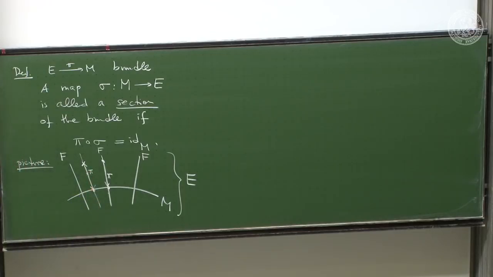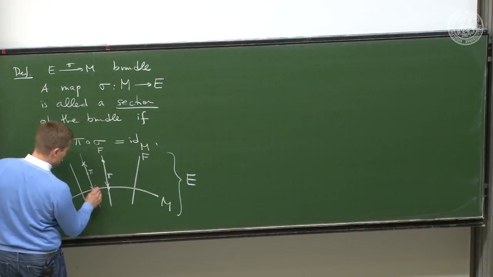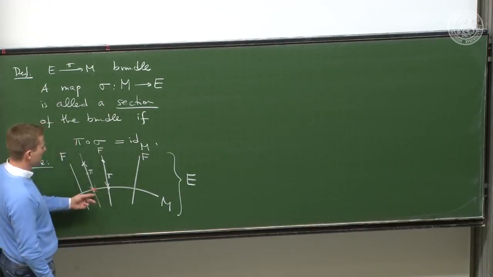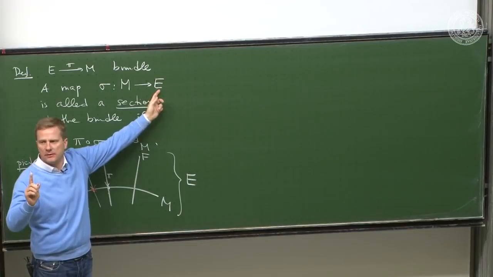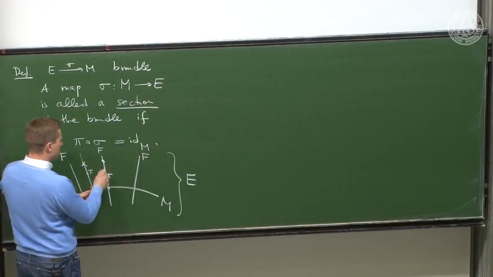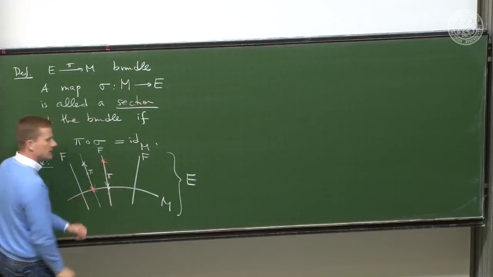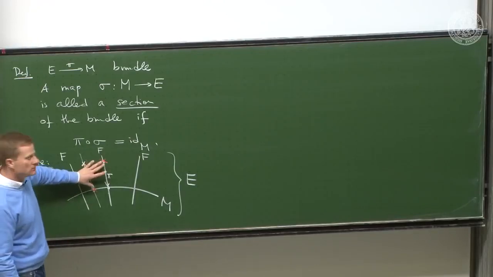Now, what is a section? A section, as it says, is a map that takes a base point, let's say this one, a point in the base manifold M, and it maps it to some point in the total bundle. So I could take this one and map it to this point in the bundle, right? In the total space. I can do that.